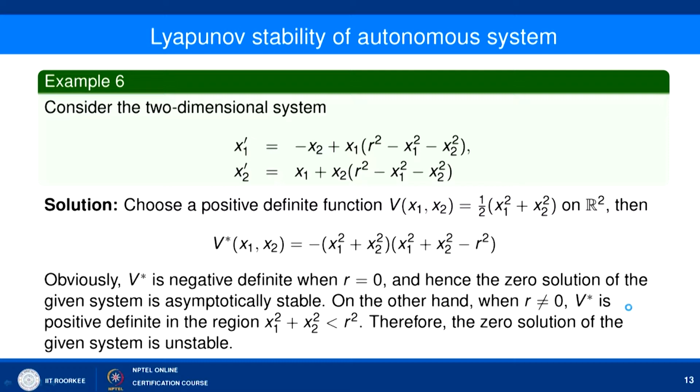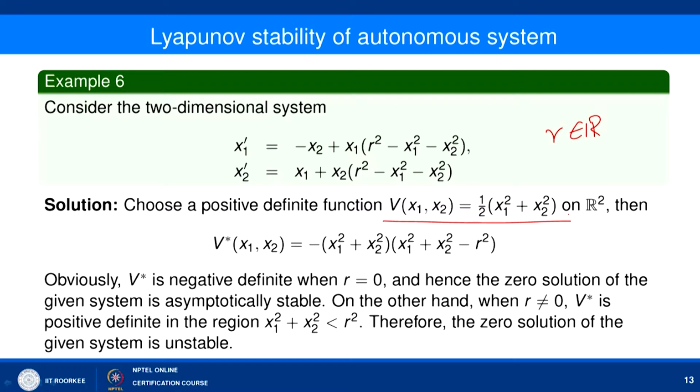We are just discussing some example based on the given theorems. So, consider the 2 dimensional system, x1 dash equal to minus x2 plus x1 r square minus x1 square minus x2 square, x2 dash equal to x1 plus x2 r square minus x1 square minus x2 square. Now, here r is some real constant. Now let us choose the positive definite function V x1 x2 equal to 1 by 2 x1 square plus x2 square.